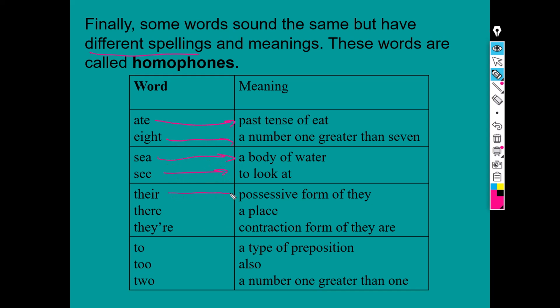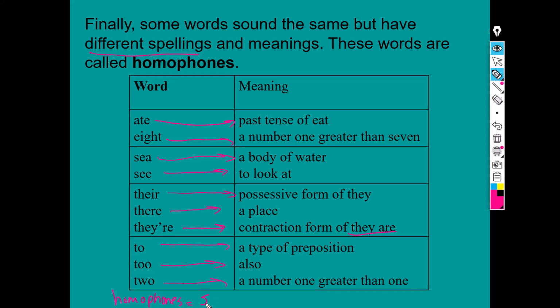Their, possessive form of they; there, a place; and they're, a contraction for they are. To, a type of preposition; too, also; and two, the number 2. You're more familiar with these, right? Now, for homophones, you would write down your notes like this.